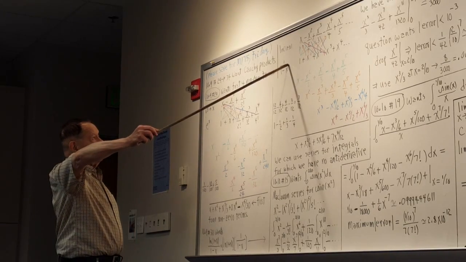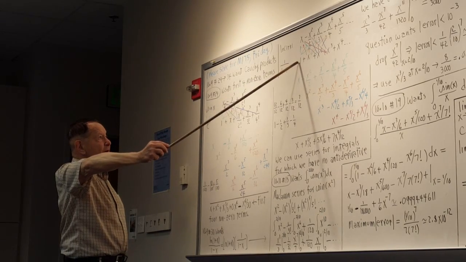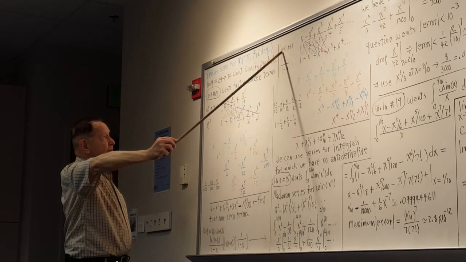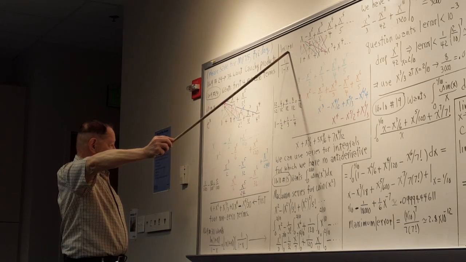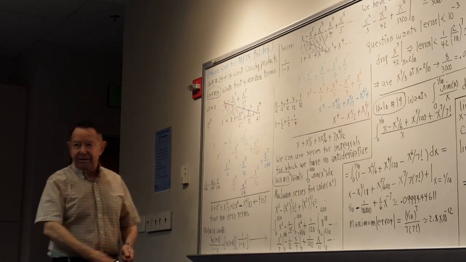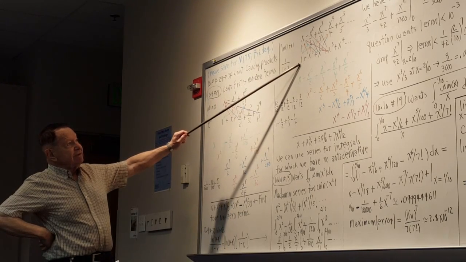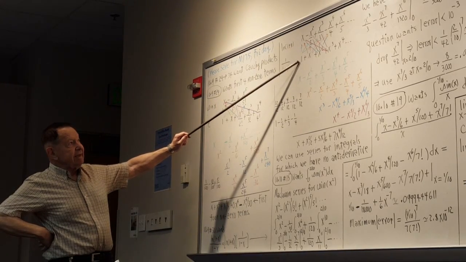So assuming I know this series, it's also one that's given in the book, then I have the log of 1 plus x series, which we also have done in working with the logarithm. So assuming that we have these series, then we can start the Cauchy product again.